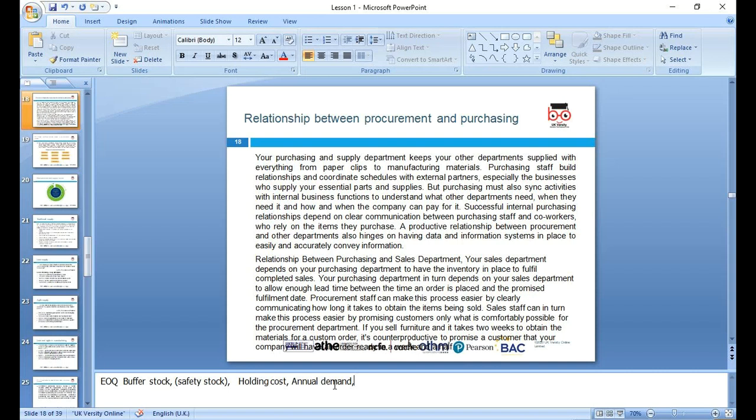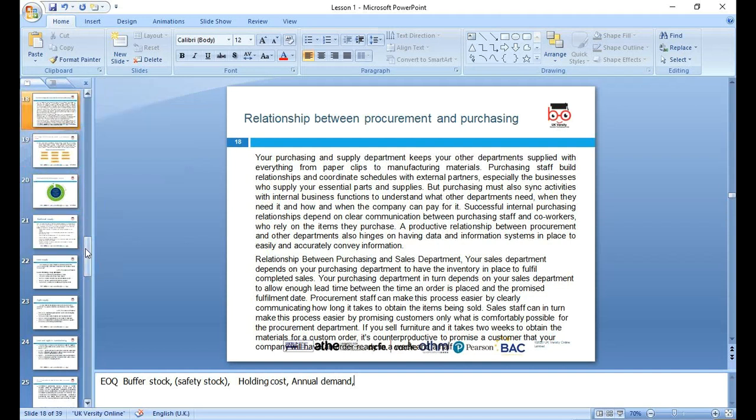So procurement staff can make this process easier by clear communication on how long it takes to obtain the item being sold. Sales staff can make the process easier by promising customers only what is comfortably possible. Procurement department, yes, they buy and sell it. Okay, any question there?